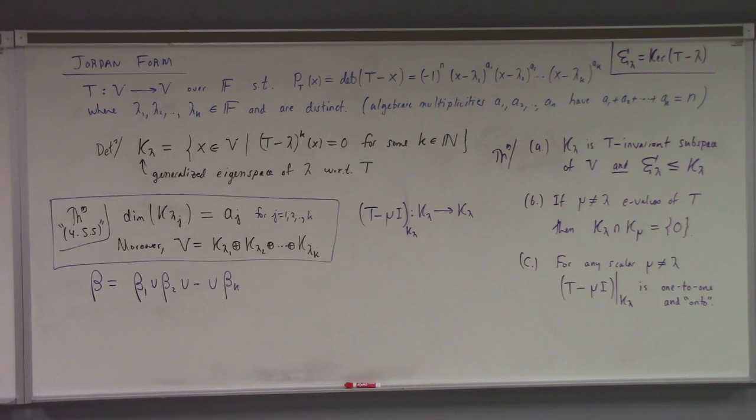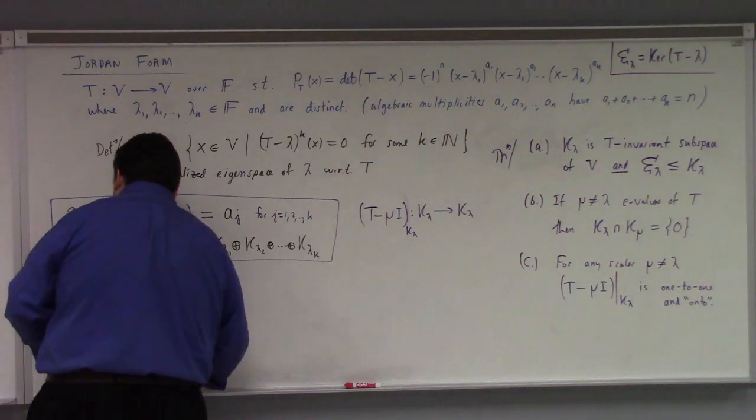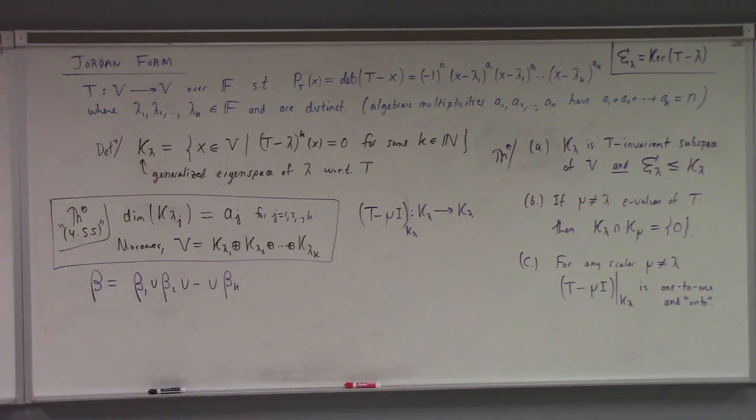And I'm claiming that we can actually put together what is called a Jordan basis for each one of these generalized eigenspaces. All right, so let me try to describe the structure there for you. We need yet more definitions, all right?